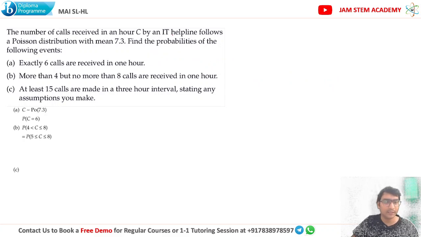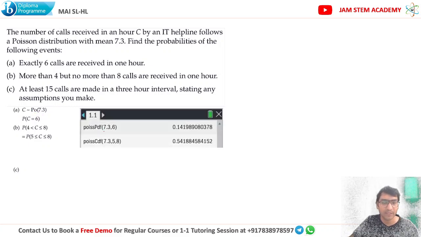So basically the value of lambda in parts A and B is 7.3. We are looking for exactly 6 successes, and let's use the calculator for Poisson PDF to get the answer for the first problem, which gives us 0.1419, and we can say it is 0.142 correct to 3 significant figures.